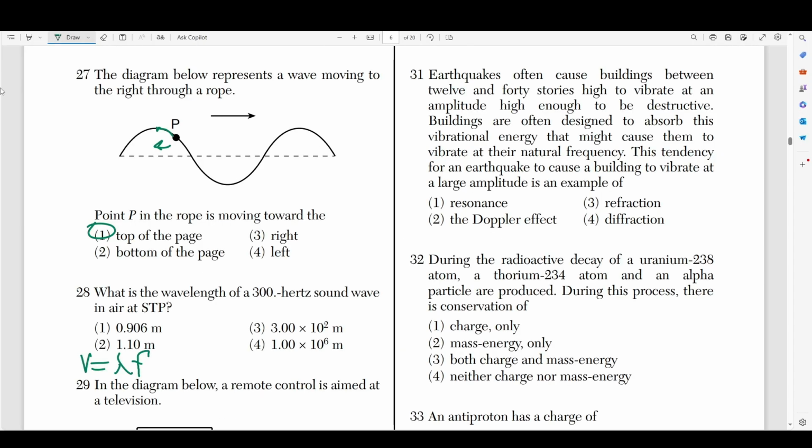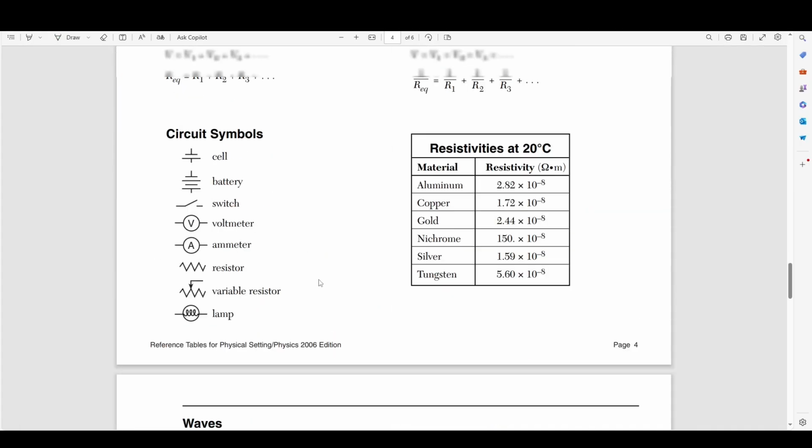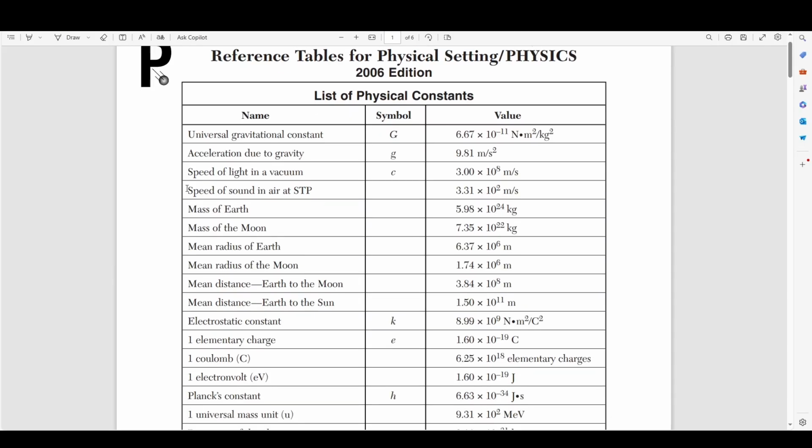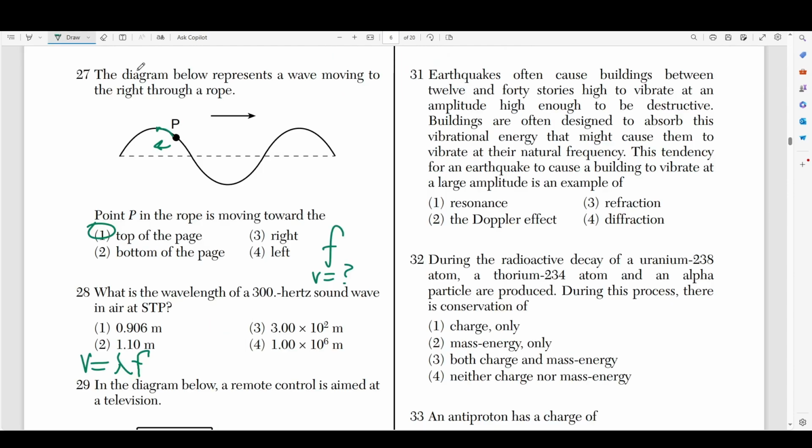Now you may be asking, well, we know the frequency, but do we know the velocity? Yes, we do, because if you scroll all the way up, they give you the speed of sound. The speed of sound in air at STP is 3.31 times 10 squared, or 331 meters per second. So now all you have to do is set this equation up.